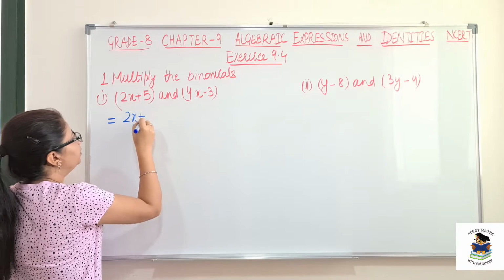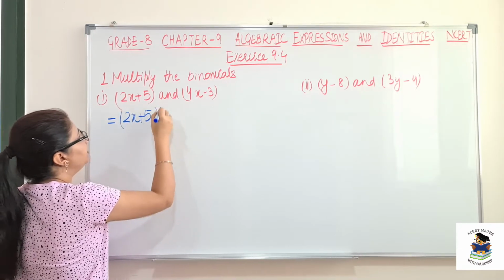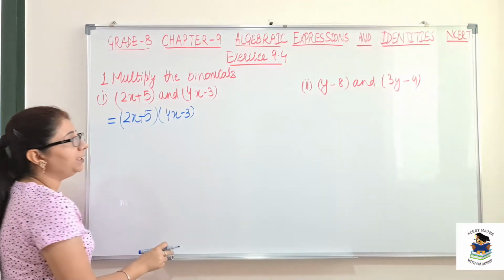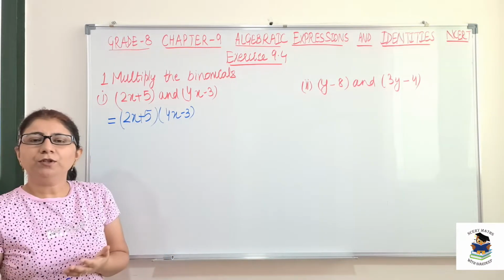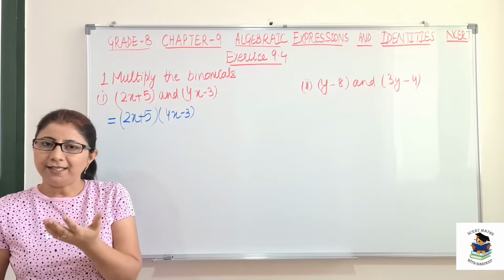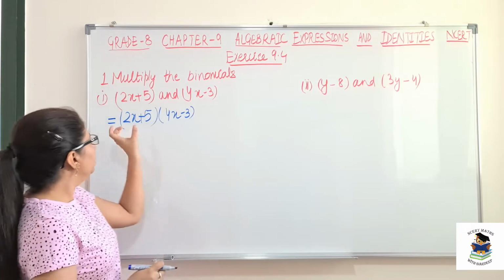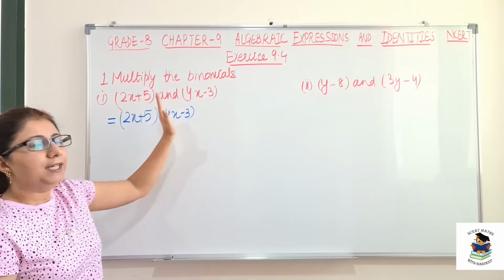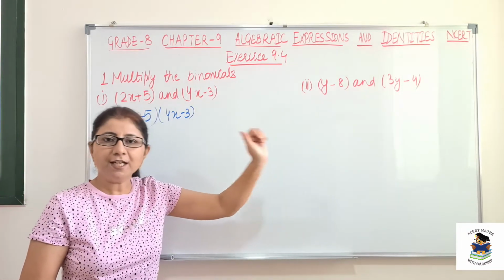First I will write 2x plus 5 multiplied by 4x minus 3. As I explained before also, whenever you are going to multiply one binomial with another, you should multiply each term of the first binomial with every term of the second binomial.